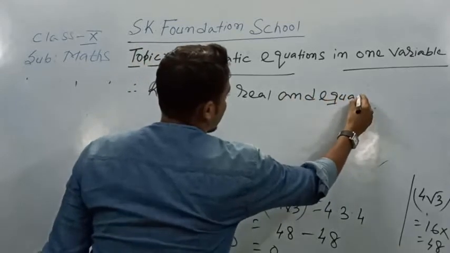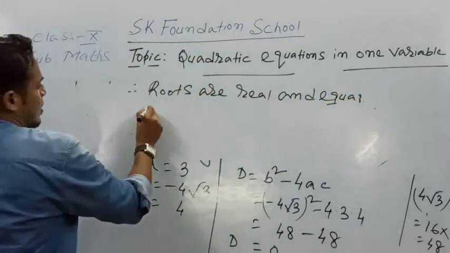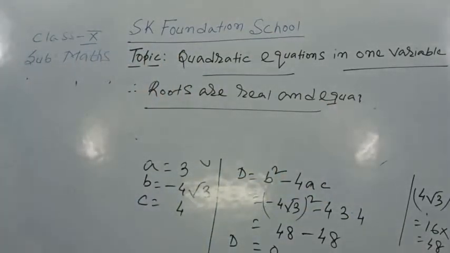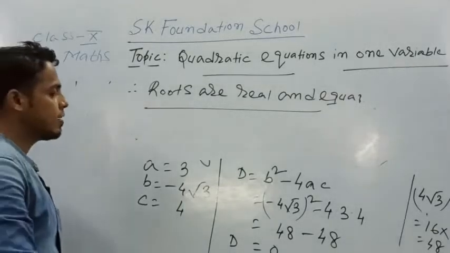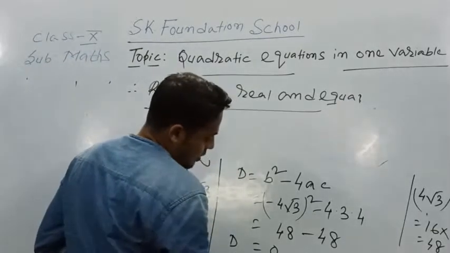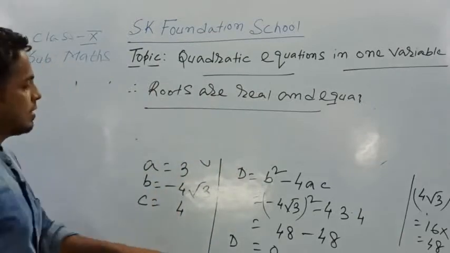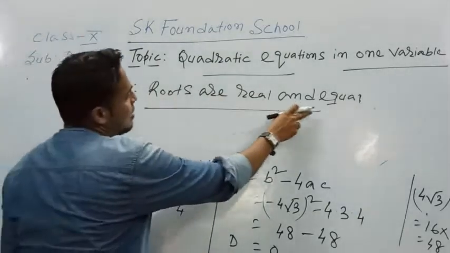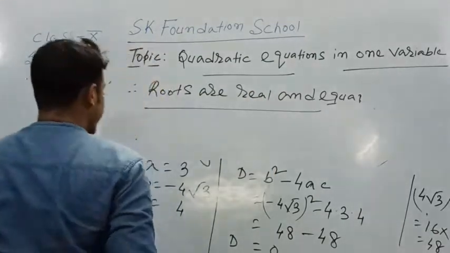That is our answer. In this way we find the nature of roots, whether it is real or not, equal or not. Here we are getting D equals 0, that means the discriminant equals 0, so the nature of roots is real and equal. Clear?